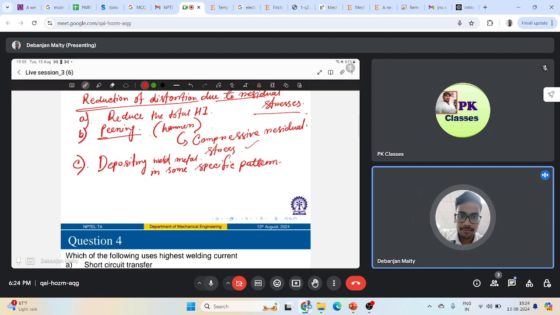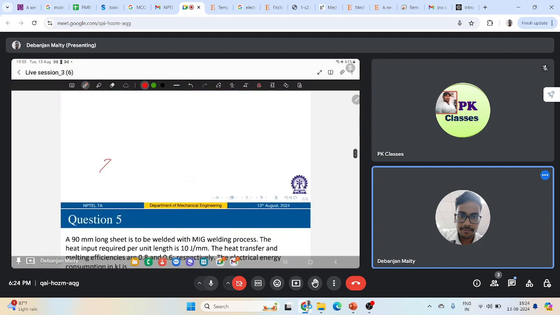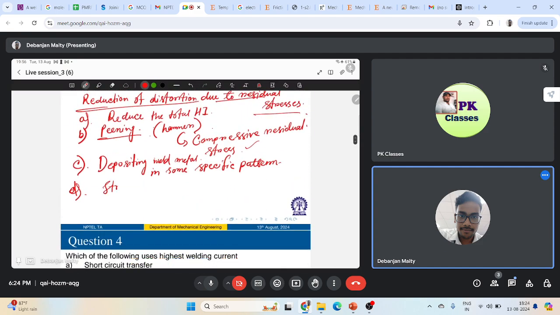People also do something called stress relief heat treatment. You can do some stress relief heat treatment prior to a machining operation if you want to do some machining over a welded material, because of residual stress there can be failure of the weld metal before the machining.